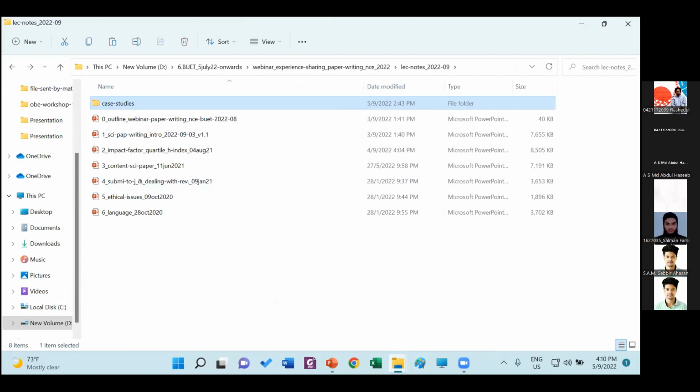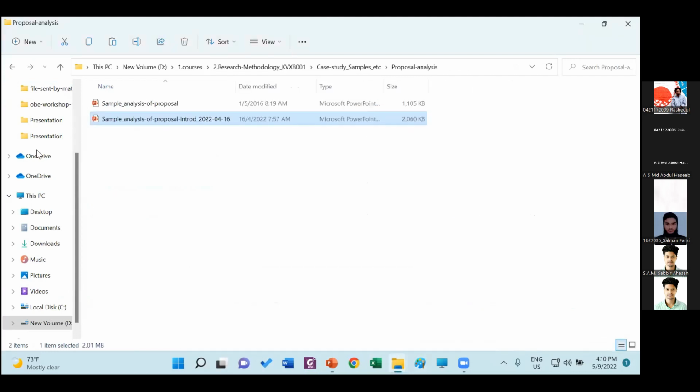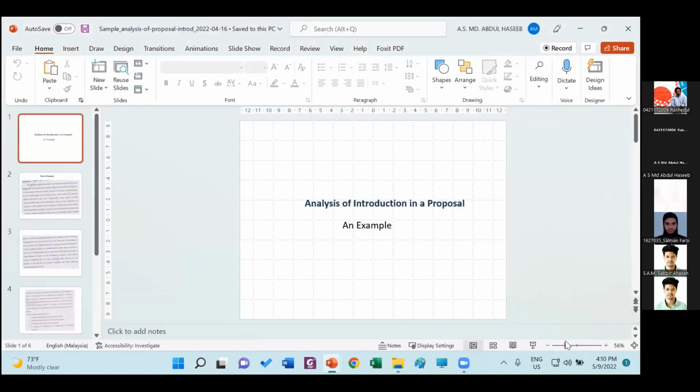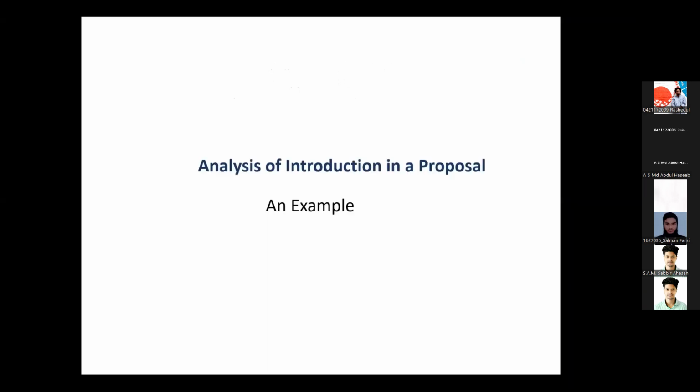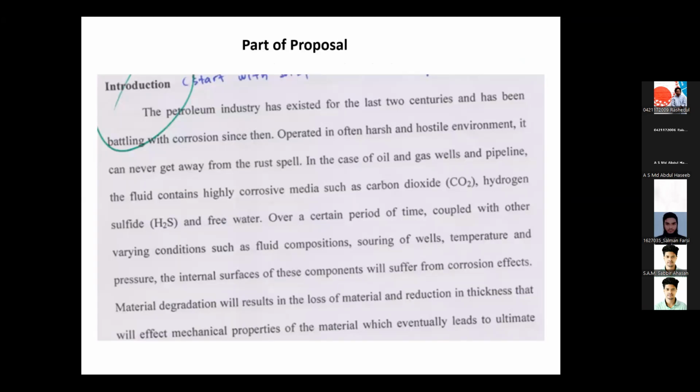Let me try to find them. Again, this may not be in your area, but I think you can understand what is written. So please read for yourself, and I will ask you, what are the drawbacks of this introduction?